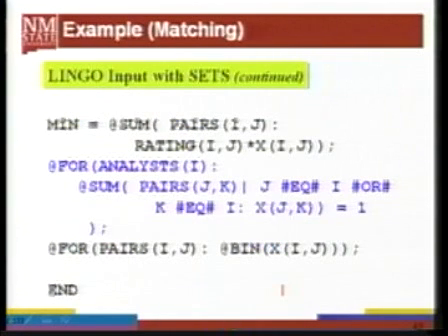The feature of interest in this constraint is the conditional qualifier, which is j is equal to i or k is equal to i on the SUM functions. So for each analyst i, we sum up all the X variables that contain i and set them equal to 1. So we guarantee that the analyst i will be paired up with exactly one other analyst.